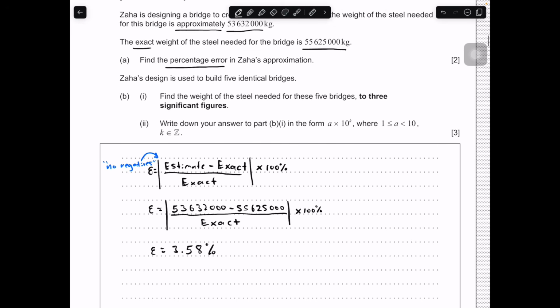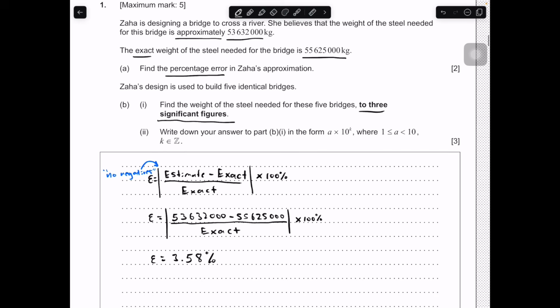All right. Zaha's design is used to build 5 identical bridges. Find the weight of the steel needed for these 5 bridges to 3 significant figures. So what they're testing here is an ability to round, and also familiarity with 3 significant figures and what that means. So let's go ahead and work this out.